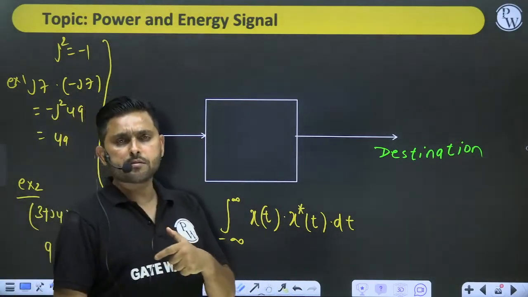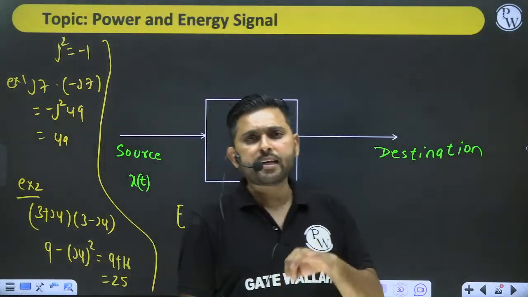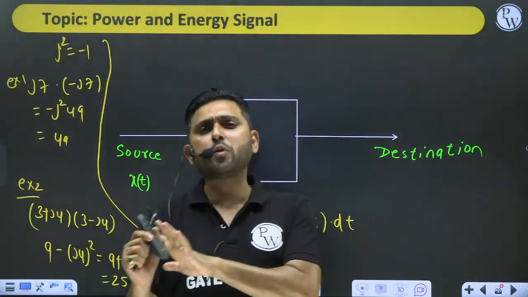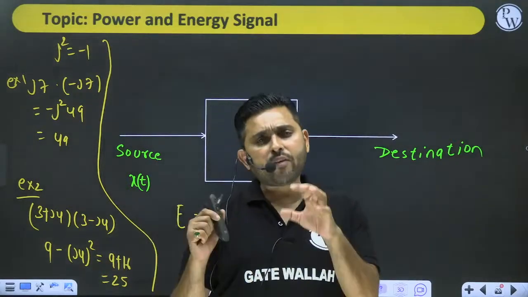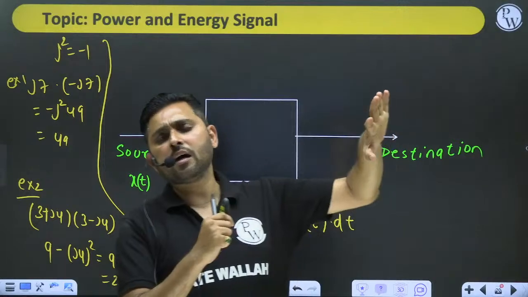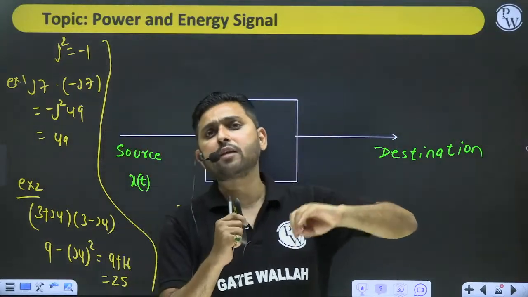In tomorrow's class, I will tell you that in general the function is complex in nature, whose complex conjugates are defined, and when you add the signal with this complex conjugate, you will get your x of t back.